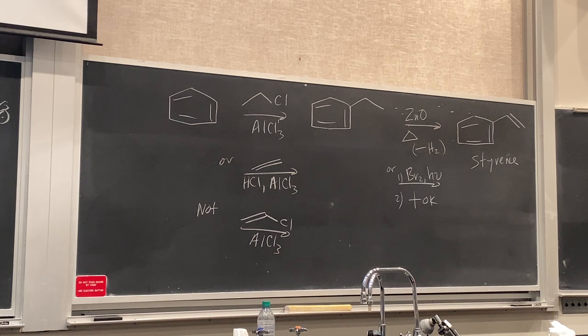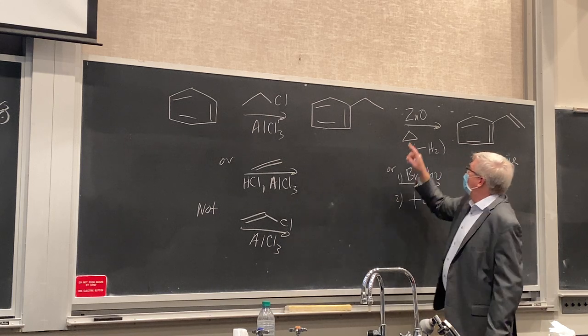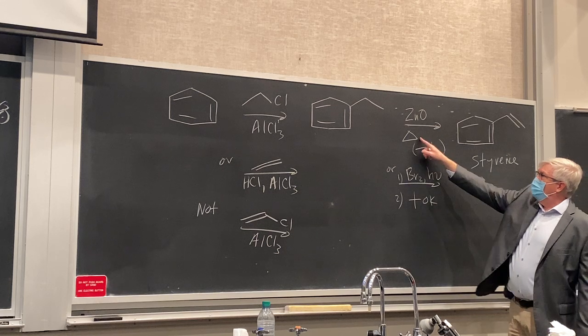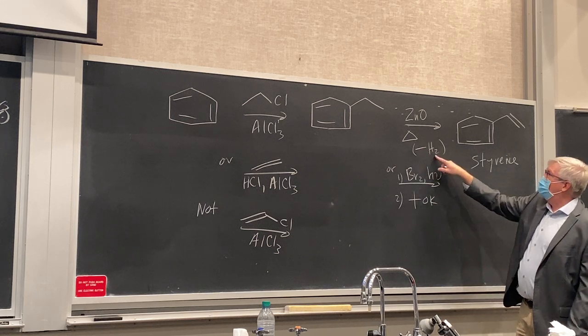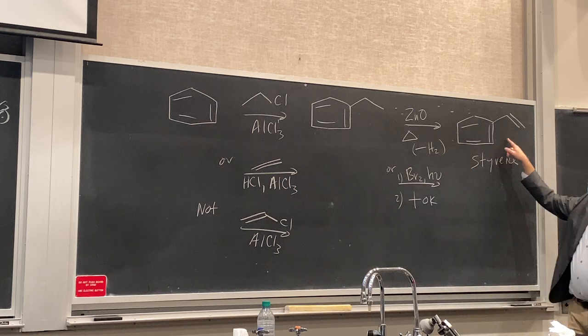In fact, he had the world's market for that and production to make this material. And it's actually using this as the first step. And then this is the second step, a zinc oxide catalyst with high heat. You actually drive off a molecule of H2, which you can use, and that makes the styrene.